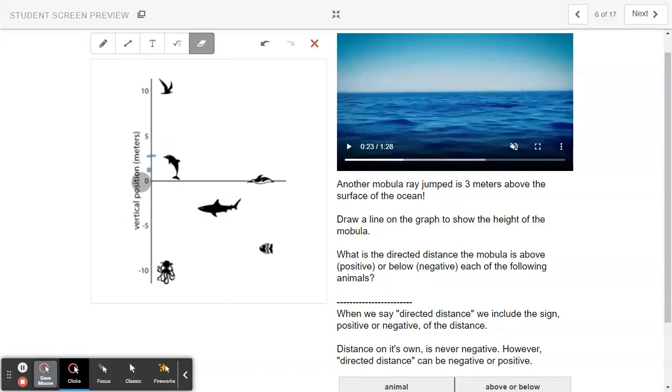Sometimes I'm not good at drawing lines, so don't worry if you're not. So if this is 5, I know the middle is 2.5, so it's going to be 3, 4, 2, 1. That's just helping me know where to go. So I'm going to draw a line. So here's 0, 1, 2, 3. And I know my ray is going to be 3 meters above, so I'm going to put M here for the mobula ray. So that's showing 3 meters above.